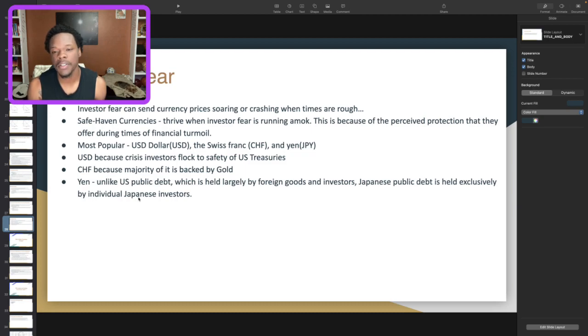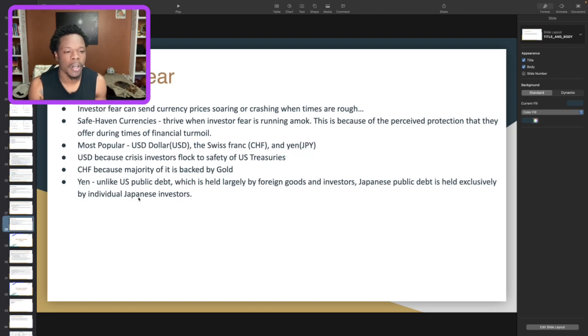This is because of the perceived protection that they offer during times of financial turmoil. So something that countries would do is run to the U.S. dollar, and whenever there's a war or anything going on like that, the most popular safe haven currencies are the U.S. dollar, the Swiss franc, and the Japanese yen, because they happen to be the most stable of currencies.